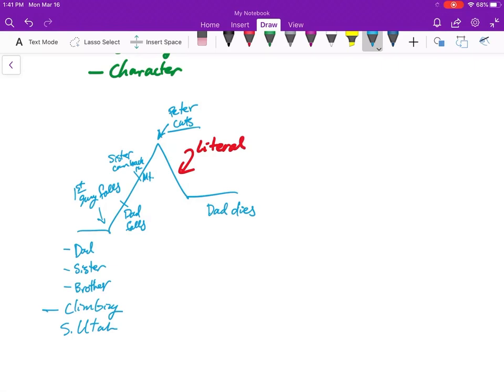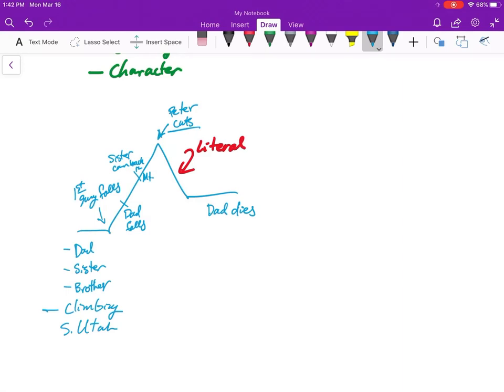Now, as we're going on with this idea of plot and structure, you will be creating your own plot structures for 2 stories. One is called The Lady or the Tiger. There's an answer sheet or a worksheet that you need to fill out as you read and follow along with that story. And then there's The Discourager of Hesitancy.